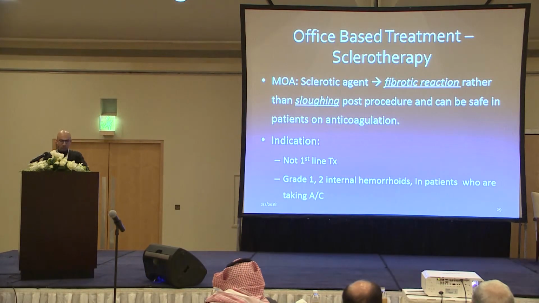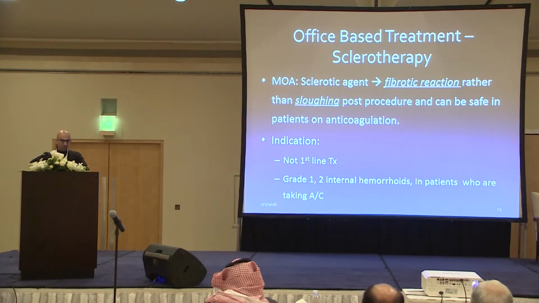The mechanism of action here is that the sclerotic agent will cause a fibrotic reaction right away, rather than sloughing. The sloughing happens with the rubber band ligation. However, with that injection, it will induce a severe fibrotic reaction right away. And because of that, it can be safely used in patients who are on anticoagulation.